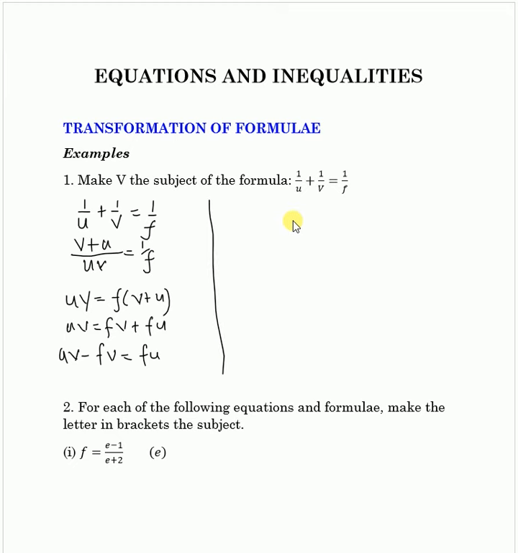So we have, after that, we are going to factorize out v. So you have v into, when you pull out v here, you remain with u minus f. We factorize out by pulling out a common one.